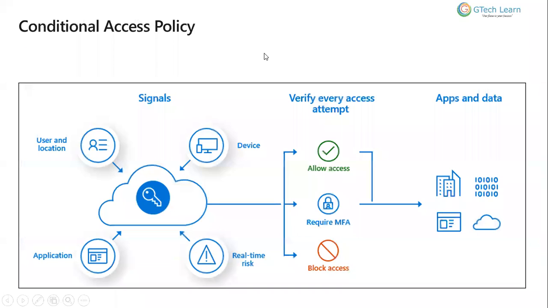Now, moving ahead and talking about the next concept we have, that is conditional access policy. So what is conditional access policy? As per the name, we can see we are providing the access based on conditions. That is something which is known as a conditional access policy.